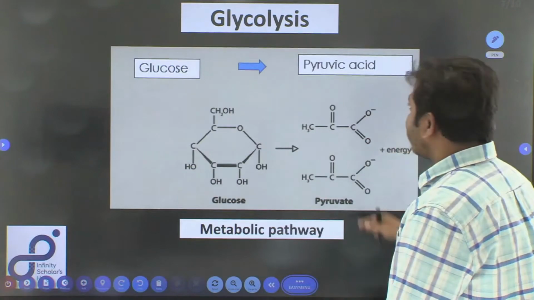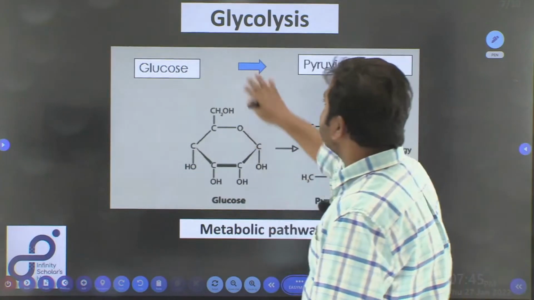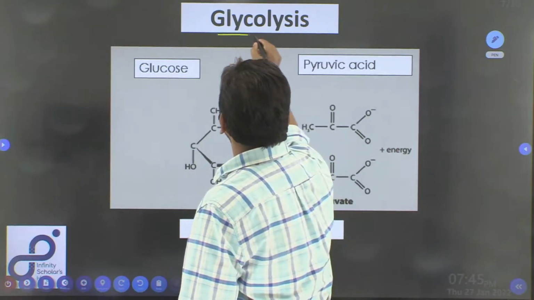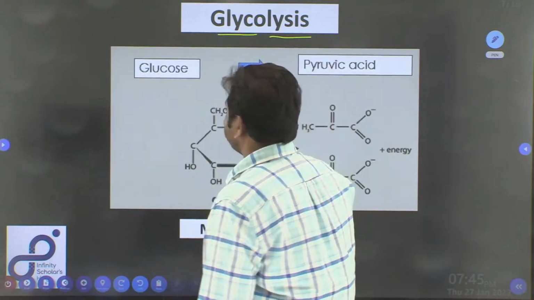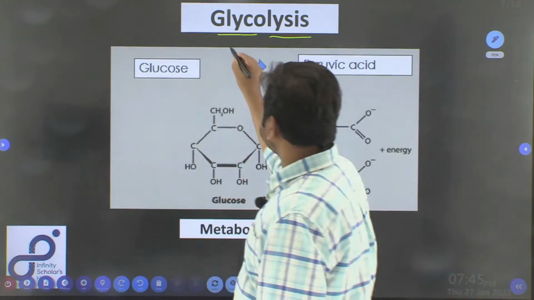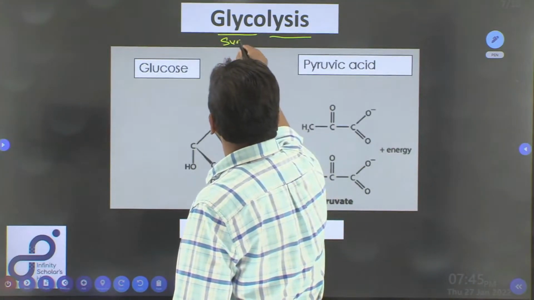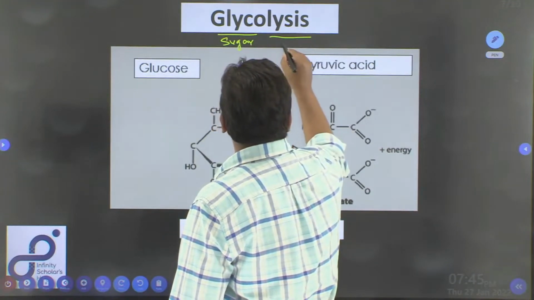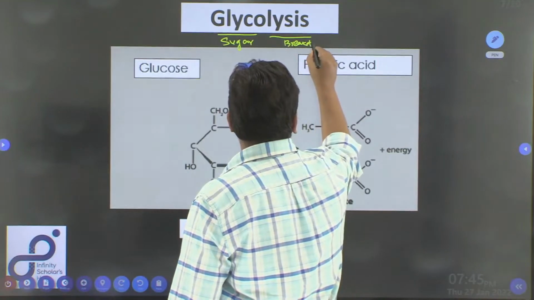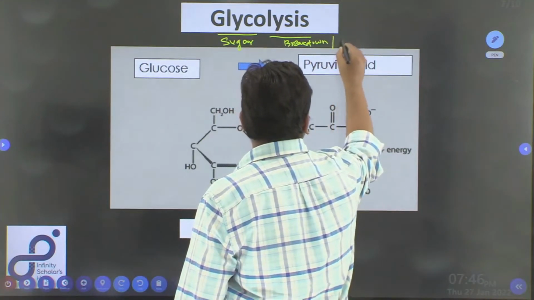If we divide the terminology glycolysis, one part is glyco, the other part is lysis. Glyco always stands for sugar, and lysis means breakdown, or we can say splitting.